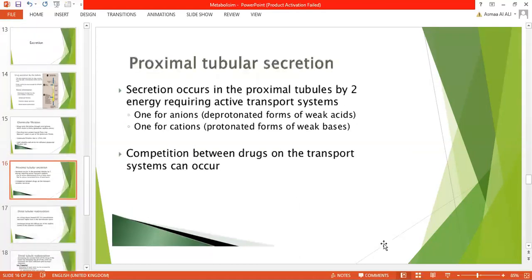For proximal tubular secretion, it occurs in the proximal tubules by two energy-requiring active transport systems. Here we need an active transport system, one for anions, which are the deprotonated forms of weak acids, and one for cations, the protonated forms of weak bases.